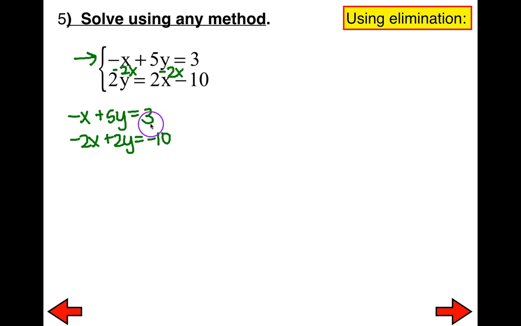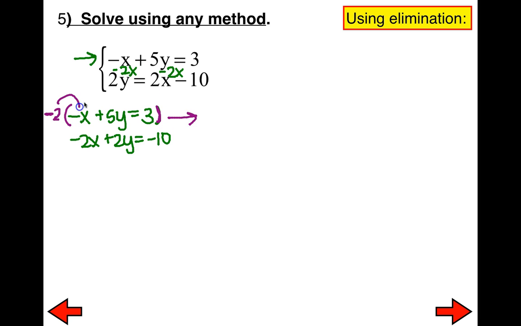Now here, it would be easier to eliminate the x's, so I'm going to go ahead and change the first one. Why the first one? Because the lowest common multiple between a 1 and a 2 is 2. So this has to be changed by a 2. However, since both of these signs are negative, I'm going to also have to multiply it by a negative 2 to keep one positive.